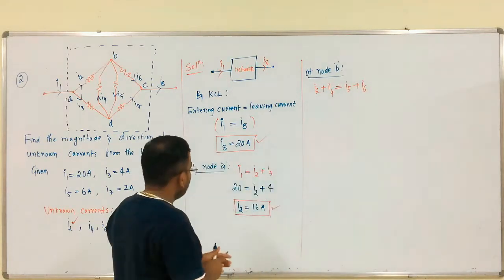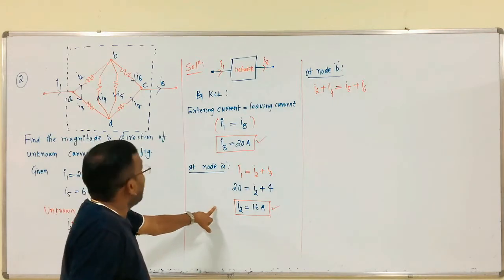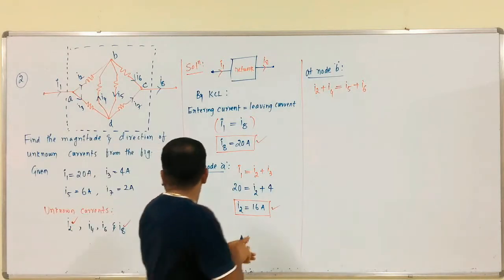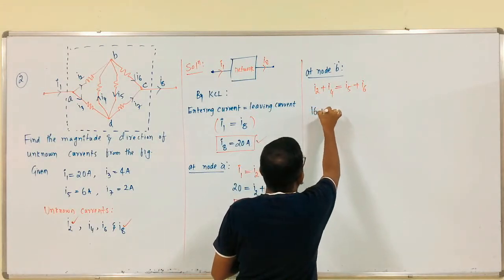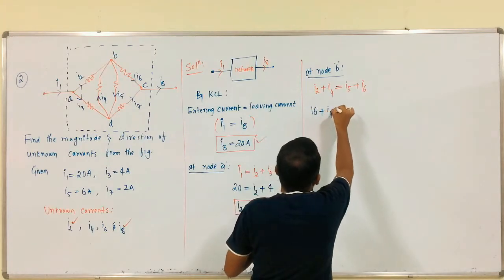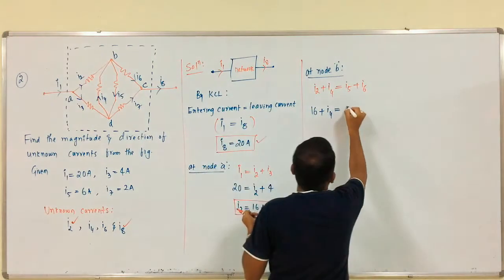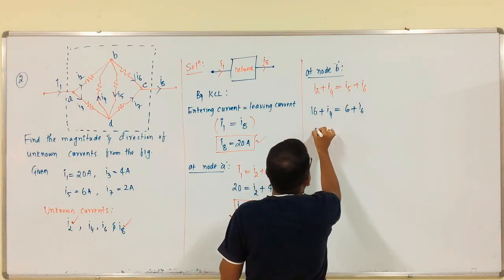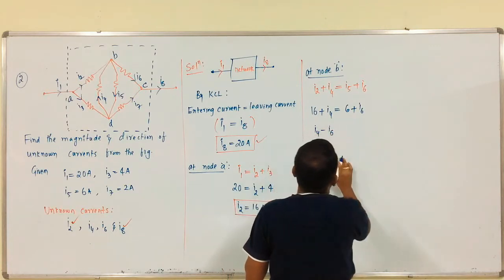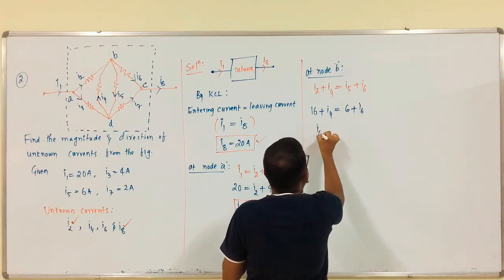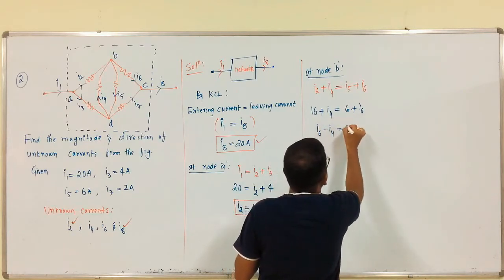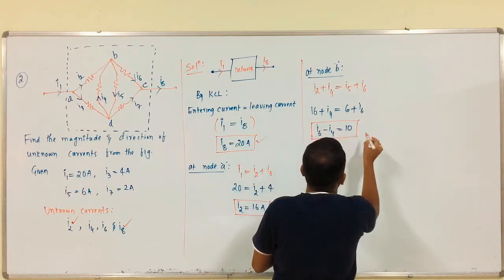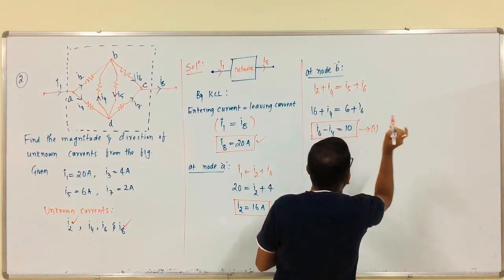The value of I2 is 16, plus I4 which we do not know, is equal to I5 which is 6, plus I6 which we do not know. From this, I6 minus I4 is equal to 10. This is assumed as equation 1.